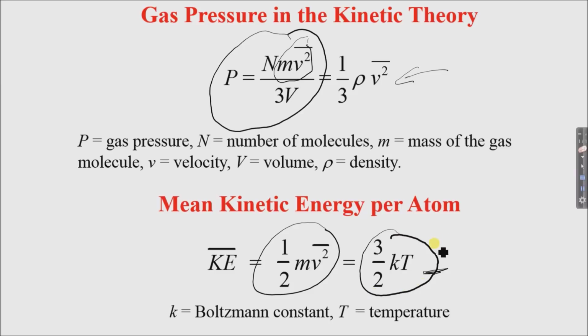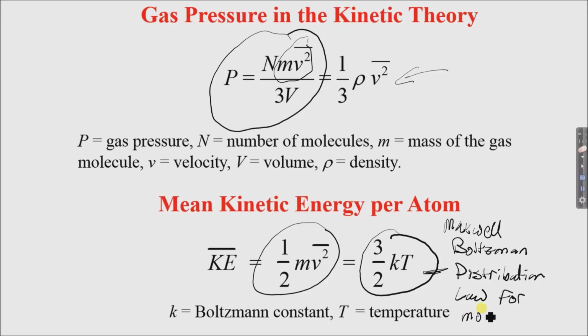Okay, so it's important to know that this relationship here is actually the Maxwell-Boltzmann distribution law for molecular velocities. And if you can't read my chicken scratch, it's the Maxwell-Boltzmann law.